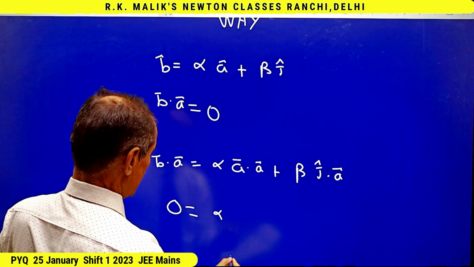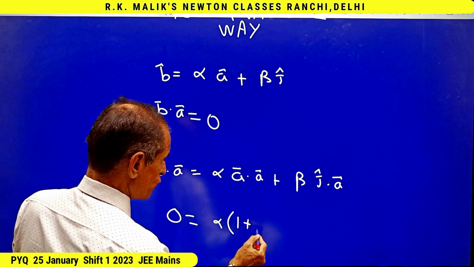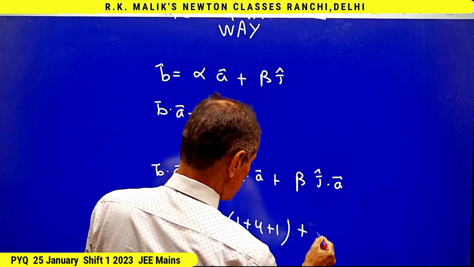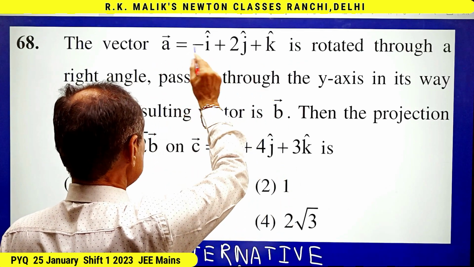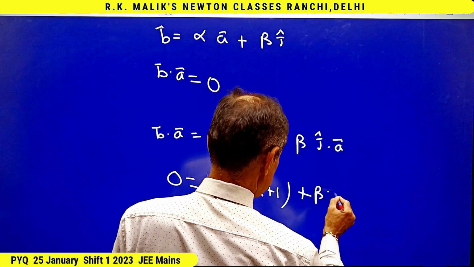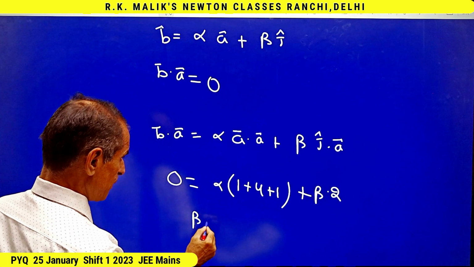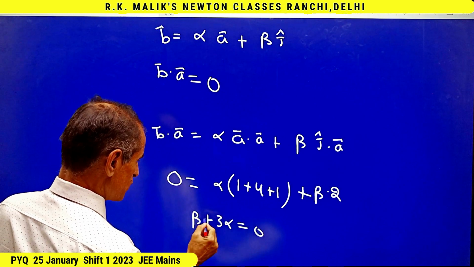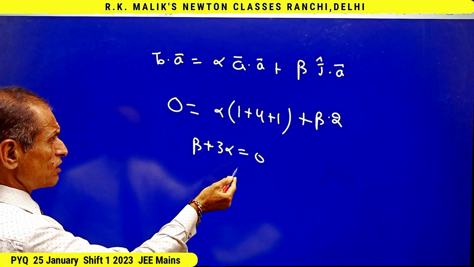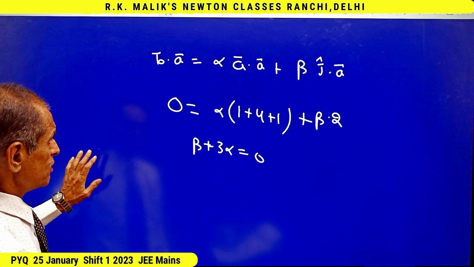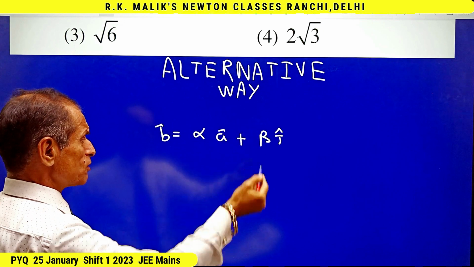Alpha A dot A according to this will be 1 plus 4 plus 1, plus beta into, from here it is clear that j dot A will be 2. Hence I get the conclusion that beta plus 3 alpha equal to 0. And now taking beta equal to minus 3 alpha, I will be putting it here, and then I will use the condition that mod B equal to mod A.